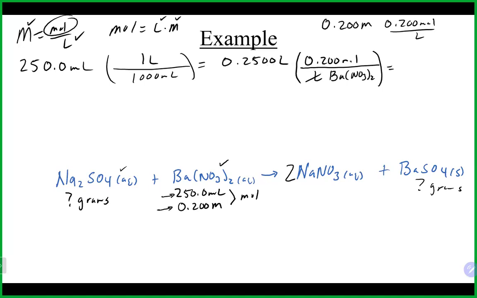That's going to allow our liters to cancel. Now we're going to do our 0.25 times 0.2. That's going to get us 0.05 moles of barium nitrate.